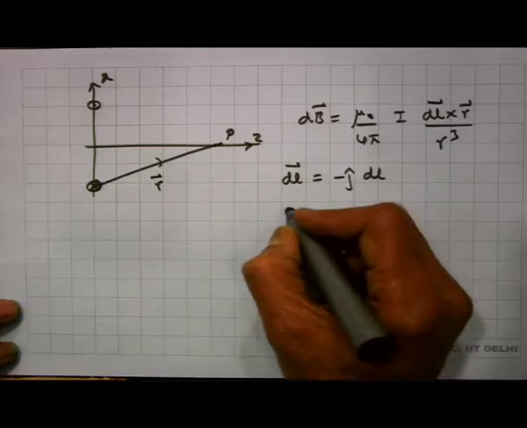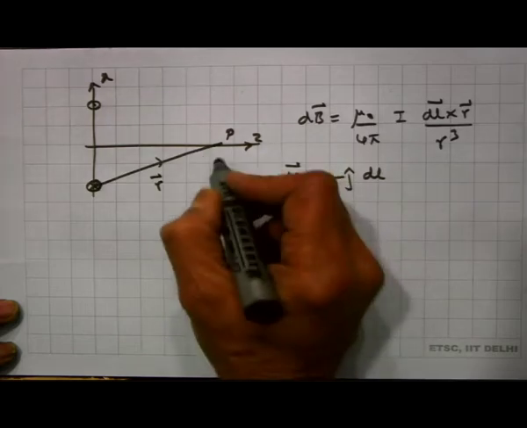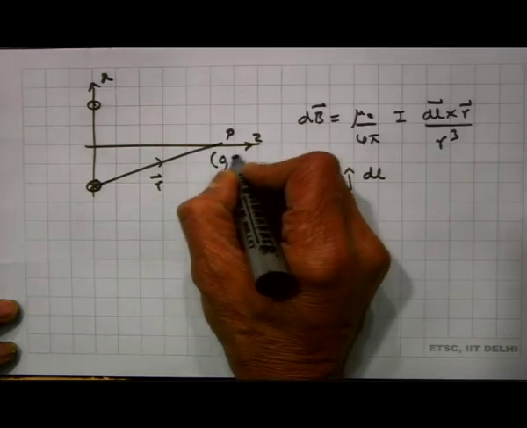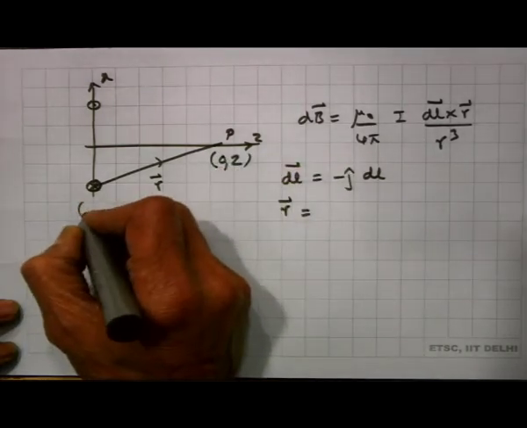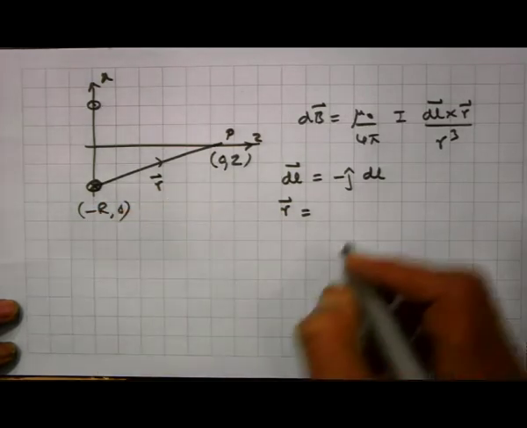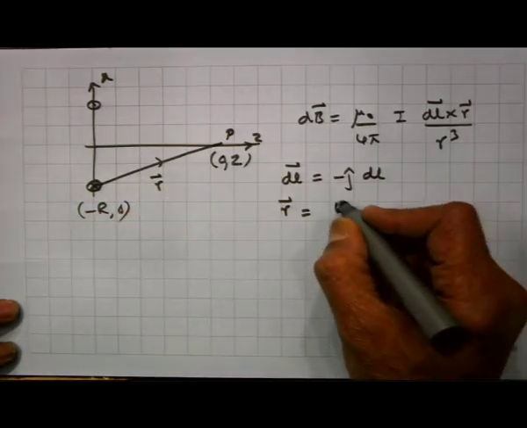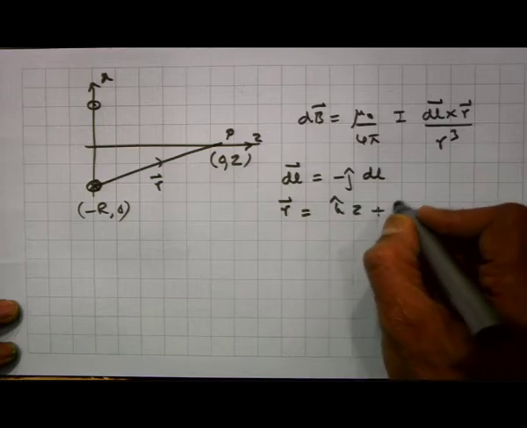So, the dl vector is this, and the r vector is equal to, again, the coordinates of this are 0, z and the coordinates of this are minus r and 0. So, the r vector will be k cap z plus r i cap.